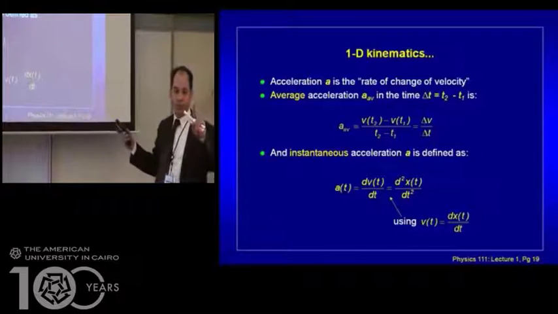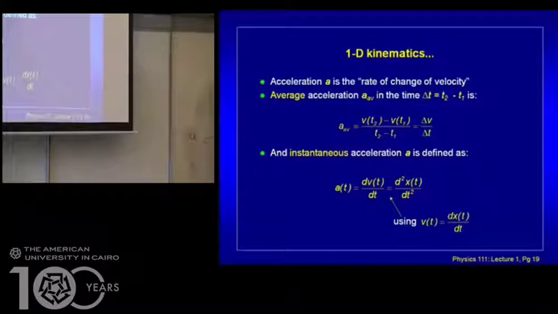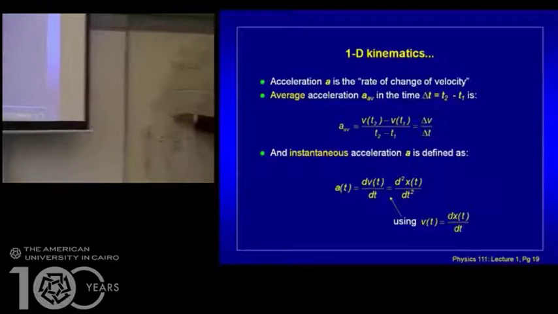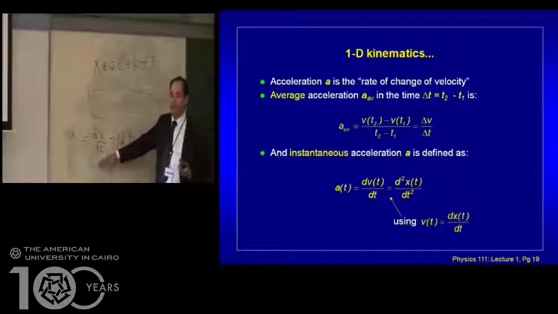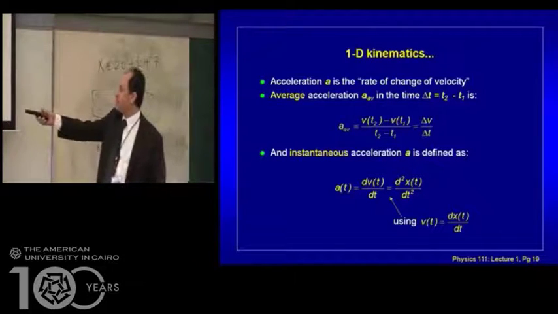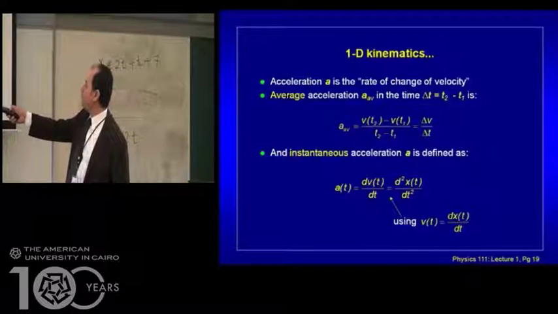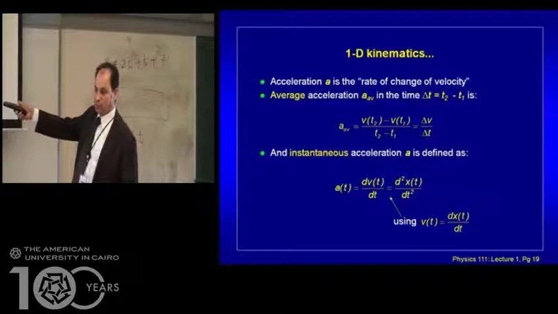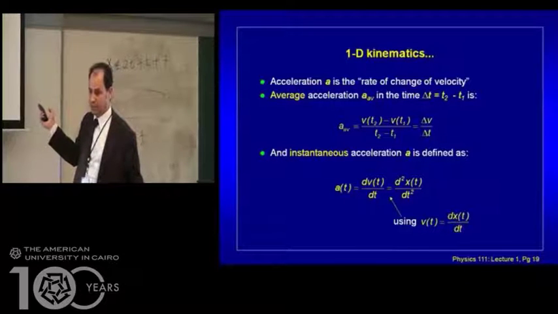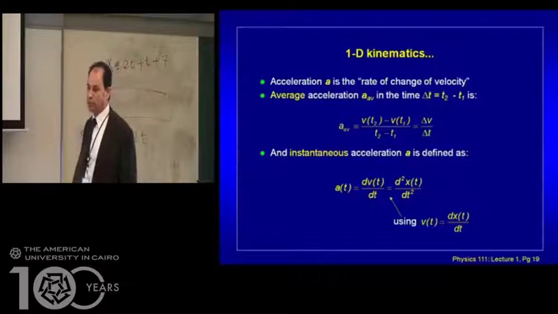We do the derivative of the position twice, once to get the velocity, and one more time to find the acceleration. So we can write it in mathematical form as dv by dt or d2x by dt squared. Same thing. It's just a representation. That should not scare you off.